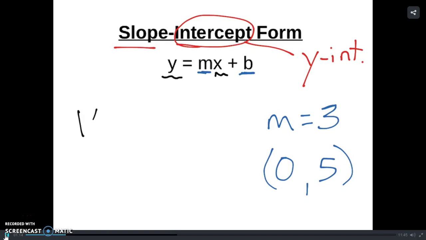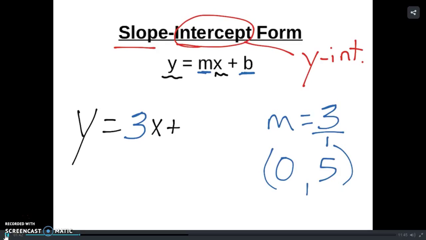So y is always going to stay just as y, and then I'm plugging in the slope. A lot of times this is going to be a fraction, but it doesn't always have to be. Remember that if it was 3 over 1, go up 3 over 1, then that slope would actually be the whole number 3. And we have our x, which is always just going to stay as x. And then plus our y-intercept.